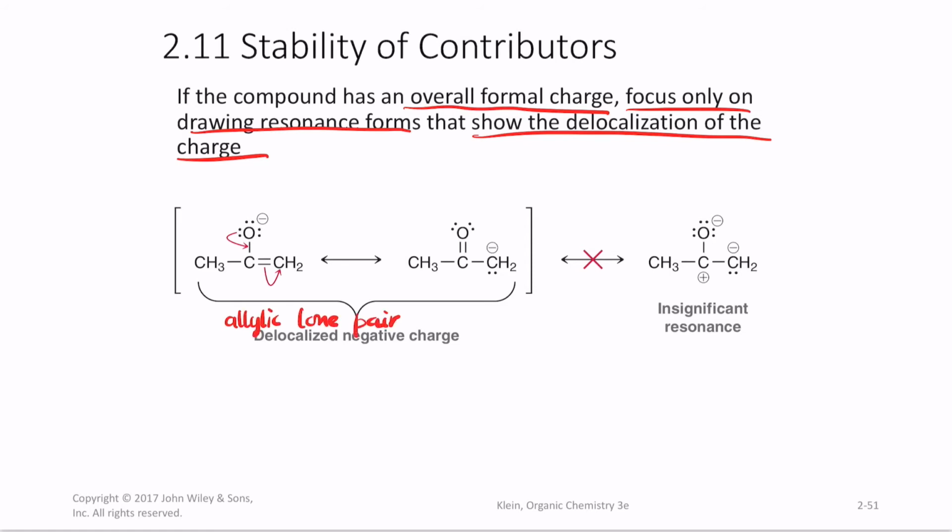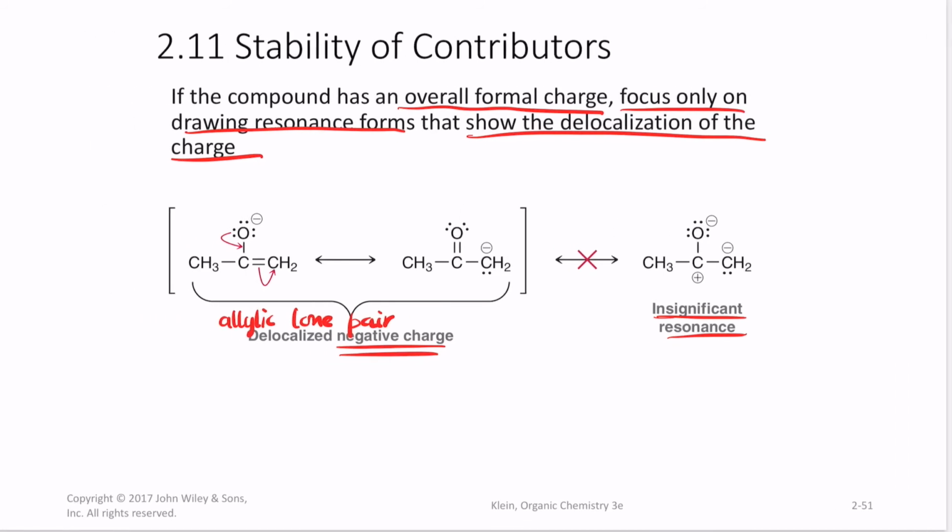So only choose the one that delocalizes the negative charge. In both of them, we are only delocalizing the negative charge. The last one has insignificant resonance because this does not delocalize the negative charge, rather it creates more and more charges. So that means it's going to be an insignificant resonance form.